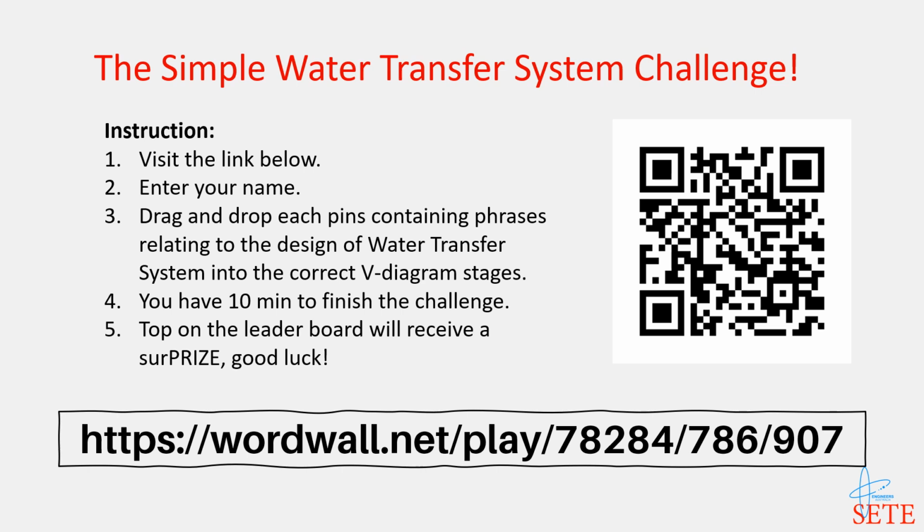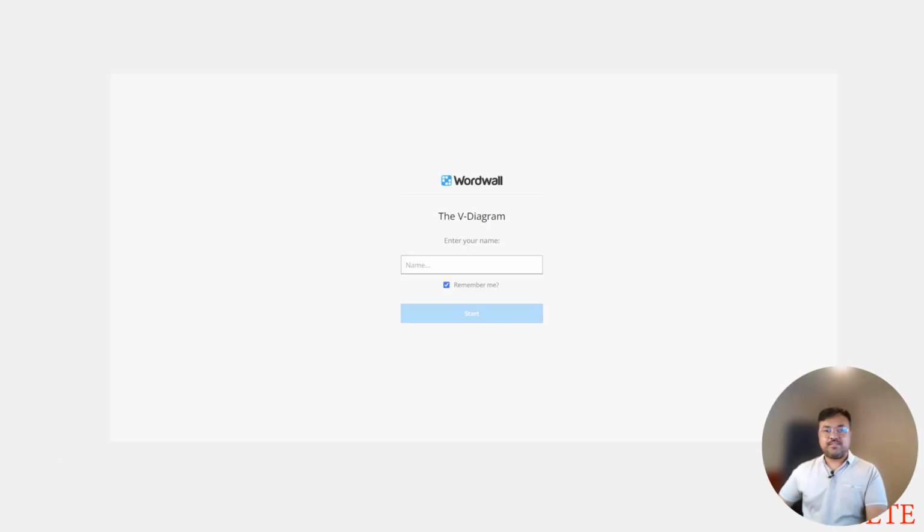In our first activity, I'd like to request everyone to follow the instruction. All you need to do is scan the QR code or visit the link, and you have 10 minutes to finish this challenge. Once you follow the link or scan the QR code, it will present you with this Wordwall screen, and all you need to do is enter your name.